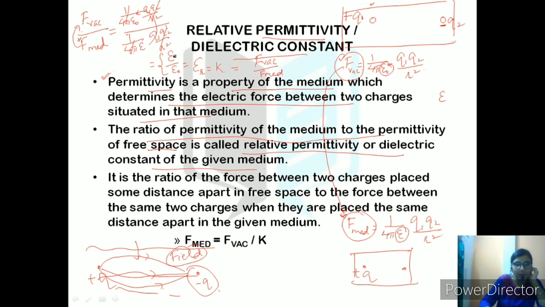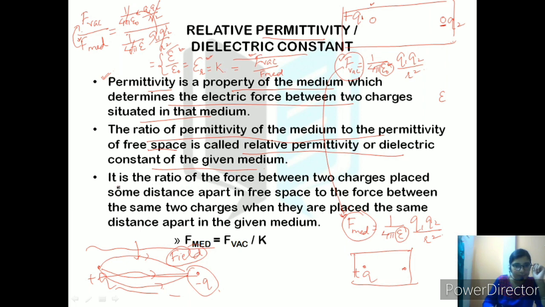Now the first definition we saw as ratio of epsilon by epsilon naught. This is the second definition of relative permittivity. It is what? Ratio of the forces. In the first case, the same charges separated by same distance are taken in vacuum, and in the second case they are taken in some other medium, for example water.